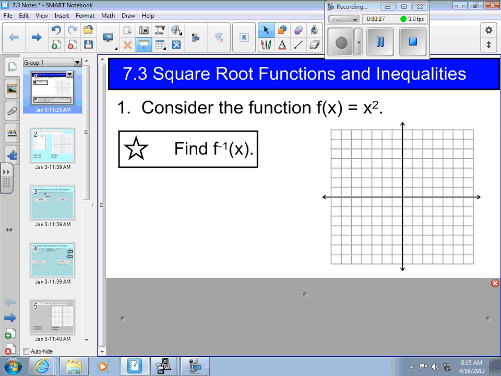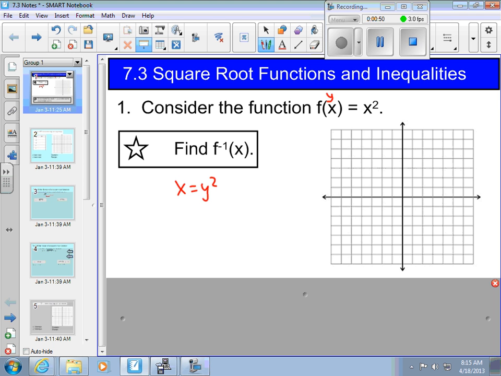Remember yesterday we said inverse, you want to switch the x and y values around in order to find an inverse. F of x is like your y, so if we switch x and y here, we get x equals y squared. What we want to do now is solve that for y. To undo this power of 2, which we need to get rid of, we take the square root.